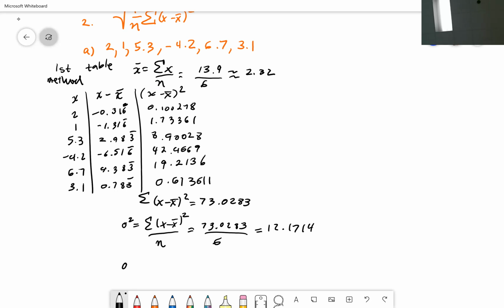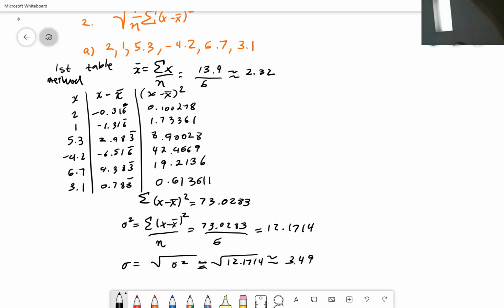And then sigma is just going to equal the square root of our variance, which is approximately equal to the square root of 12.1714, which is approximately 3.49. And that's how you do it.